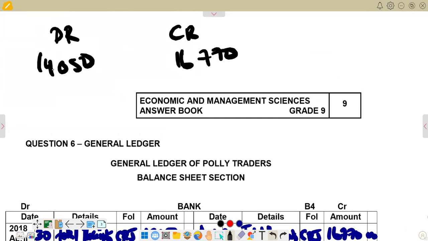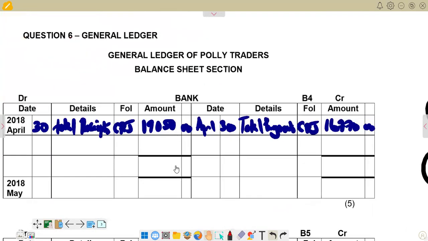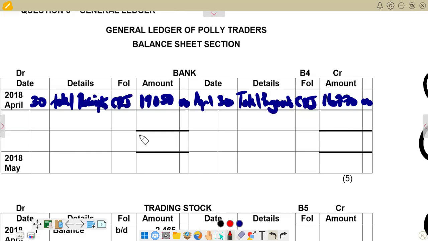So the debit side is the greater side because we have got a total of 19,050. It means this is the greater total that's supposed to come in between the double lines. So you come here, you put 19,050 in between the double lines.